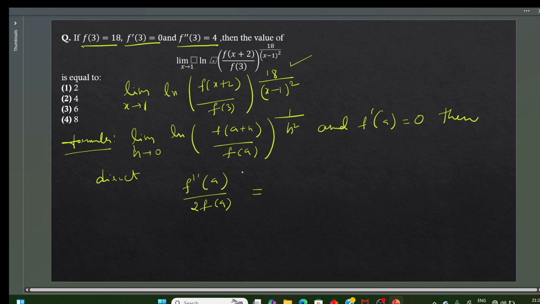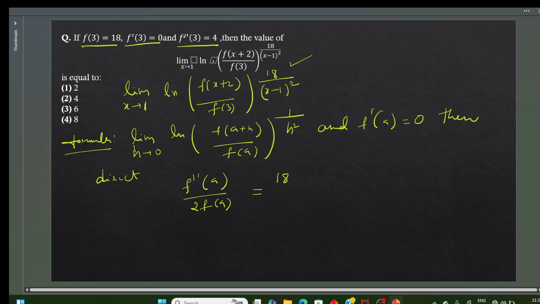Here, in the power, observe: limit h tends to 0, f of x plus 2 means f of a plus h, f of a means f of 3, and power 1 by h square. But here a constant is there, so for this 18.